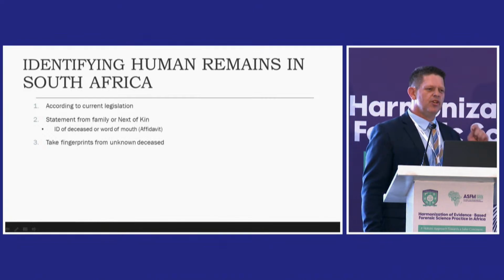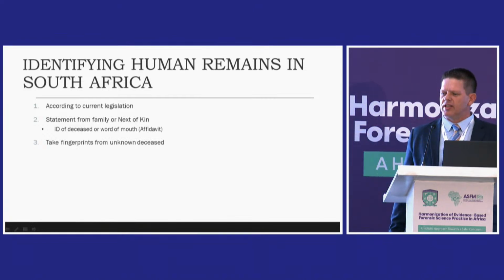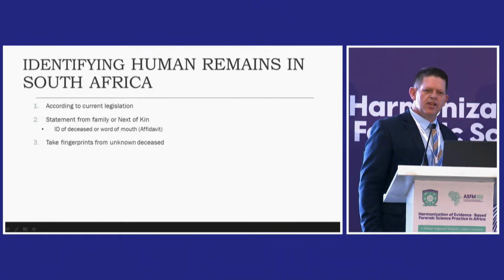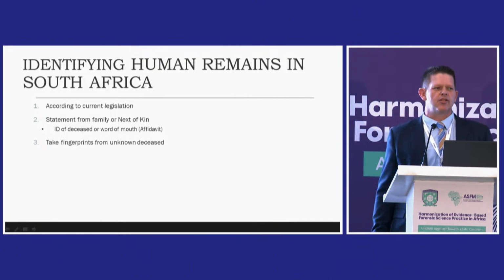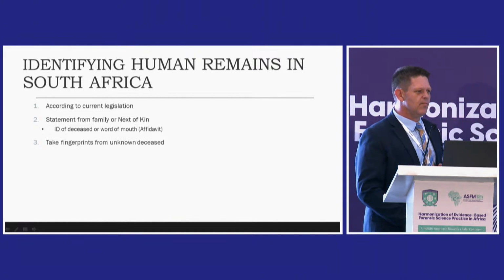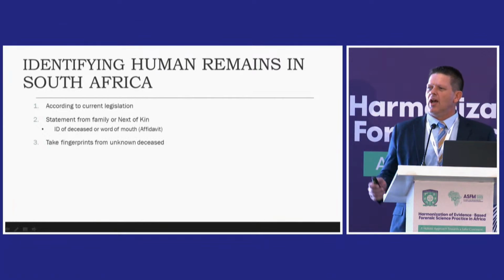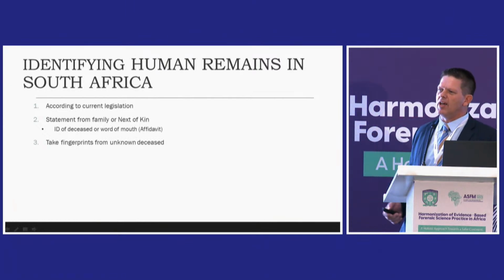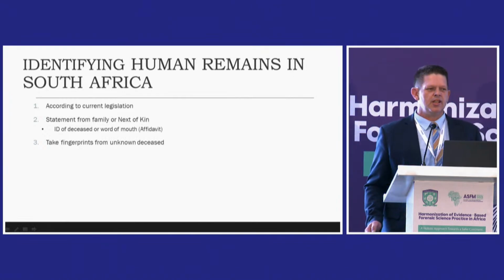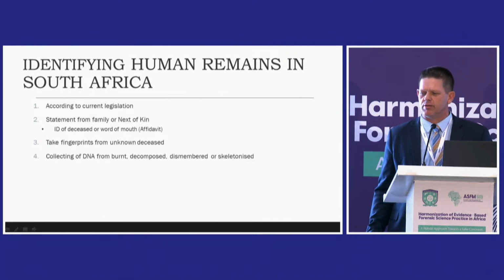If this deceased is not identified, we then collect these fingerprints in a manual way, and then send this to the local criminal record center that is run by the SAPS. If there's no hit on that system, they then send it to the HANIS system that is run by the Home Affairs to check if there's no identity on their system. This process actually takes up to 4 to 6 weeks for the results to come back to us.